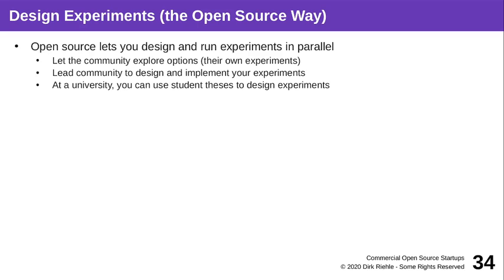If you're a startup without an open source strategy, you have to do it all yourself. If you have an engaged community that cares and it's open source, they will for you possibly explore these options, and you can possibly even lay open some of your ideas to see whether people like it.